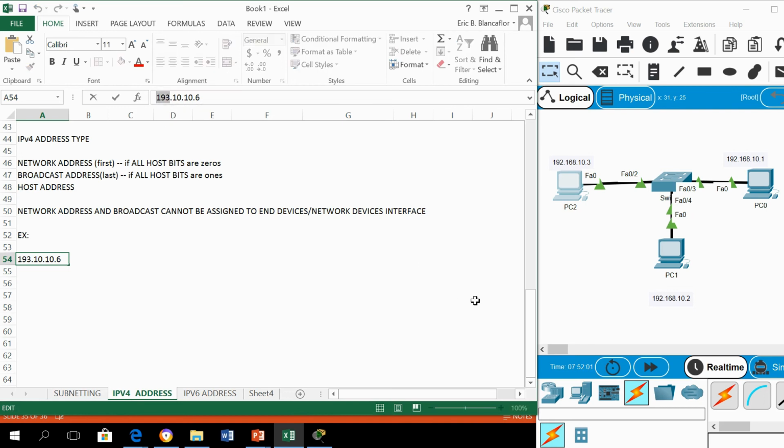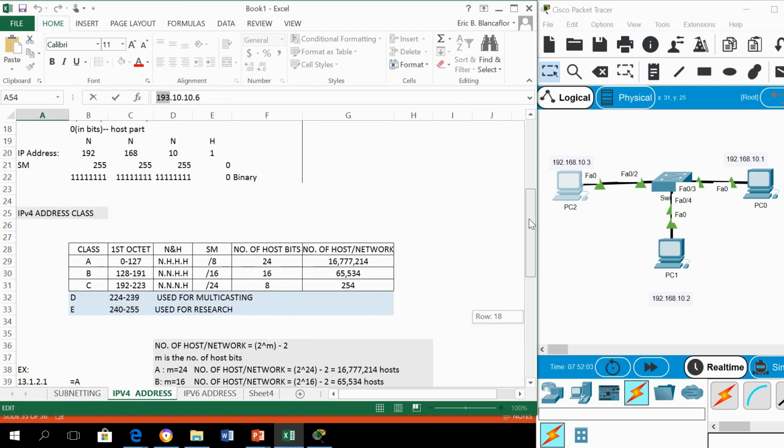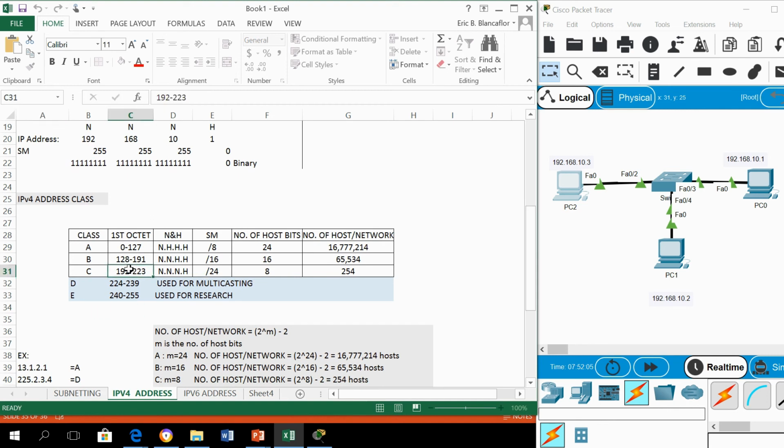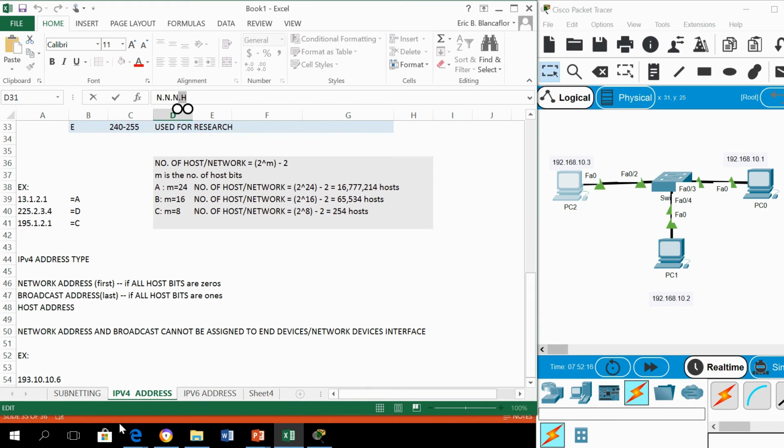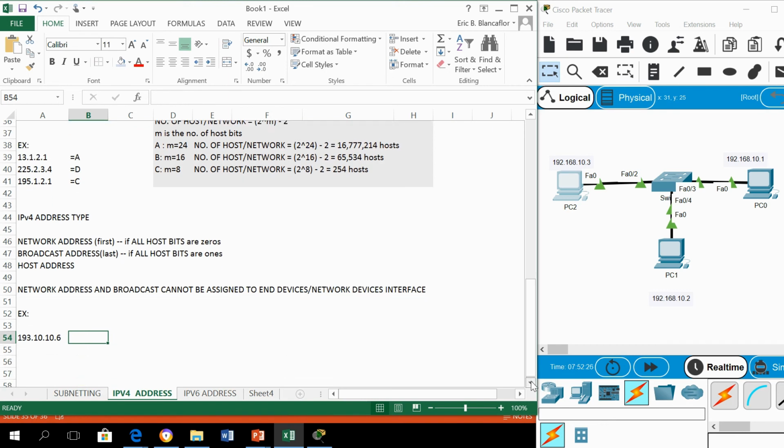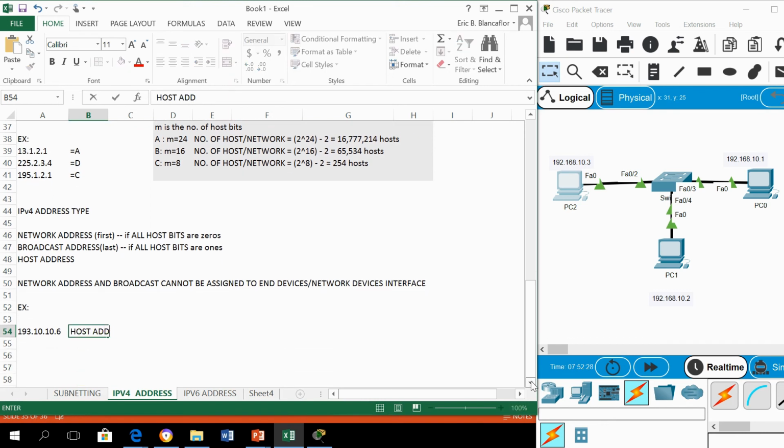This is a 193, and 193 is under class C, right? The arrangement is slash 24. The host part is just the last number. If it is all 0 in bits, that's a network. If it is all ones in bits, that's a broadcast. In this case, it's a 6. It's obvious that this is not a network nor a broadcast. Therefore, this is a host address.